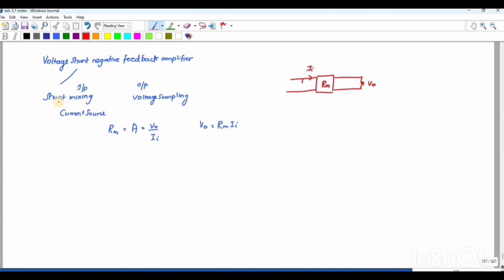I have told you that at the input we are using a shunt type. This is your beta, the feedback gain, and the input source is nothing but Is. And at the output I am also using voltage sampling. Since it is voltage sampling, you have to connect it in shunt.